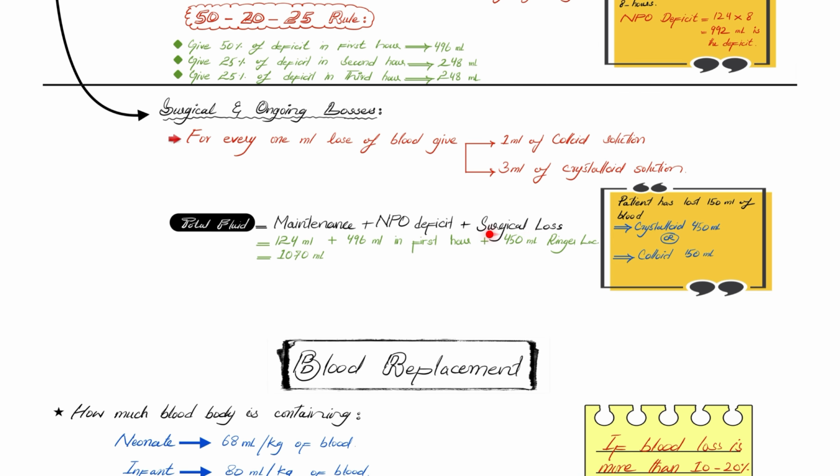And this patient has lost 150 milliliter of blood, so we give 450 milliliter of ringer lactate. So the total IV fluid that we should administer in this 84 kilogram man undergoing surgery is 1070 milliliter.